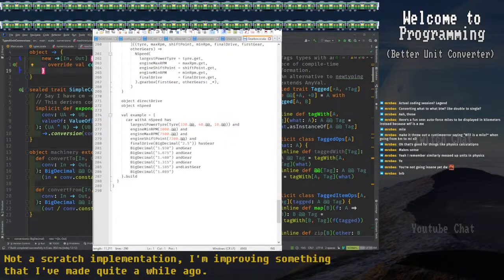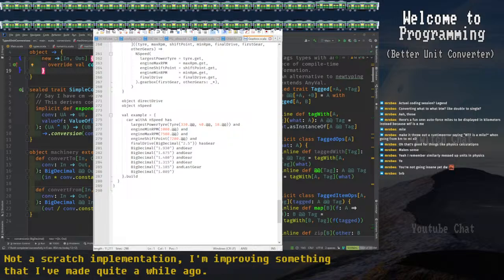So you can see, using just implicits and a bunch of other stuff, I can essentially define a miniature language inside the language. So I can write stuff like this. A car with an n-speed gearbox has this size tire, this minimum RPM, this maximum RPM, this shift point, this final drive, and then the gears.